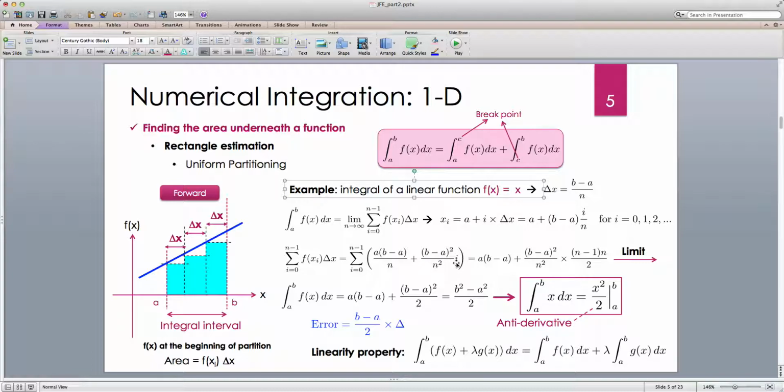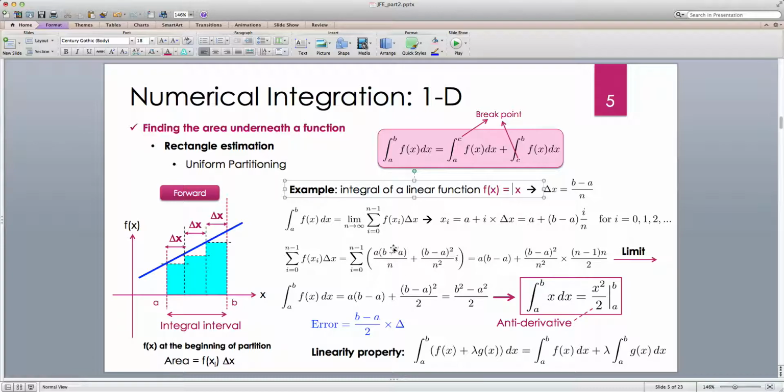Alright? Now remember, i is the variable, so this whole first term, a times (b minus a) over n, is like a constant, and when we sum from 0 to n minus 1 we have n terms, so we just multiply the whole thing by n, and the n cancels out.